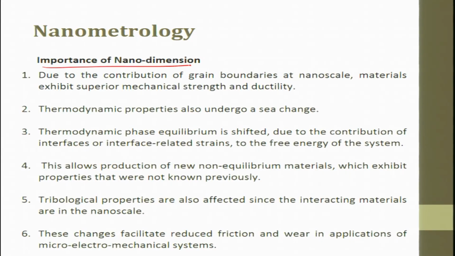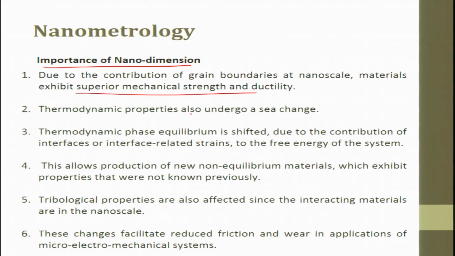The importance of nano dimensions: due to the contribution of grain boundaries at nanoscale, material exhibits superior mechanical property and ductility. The melting temperature will be different, the strength will be different. When we use these nanomaterials, you have a completely different ball game compared to normal materials. So, when we try to measure it, we should have such precision.